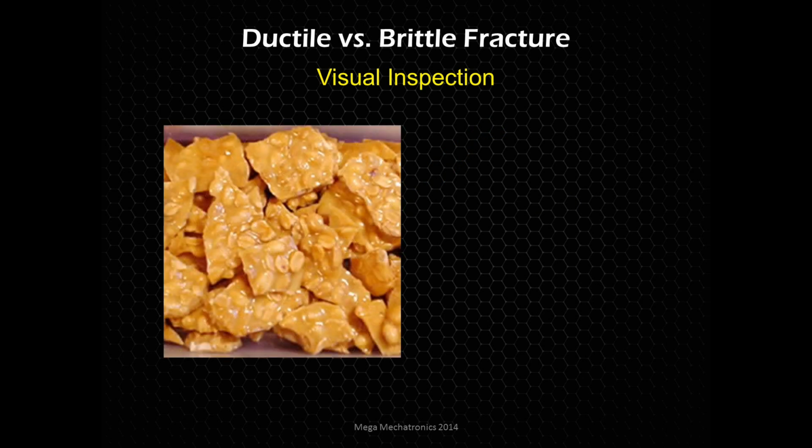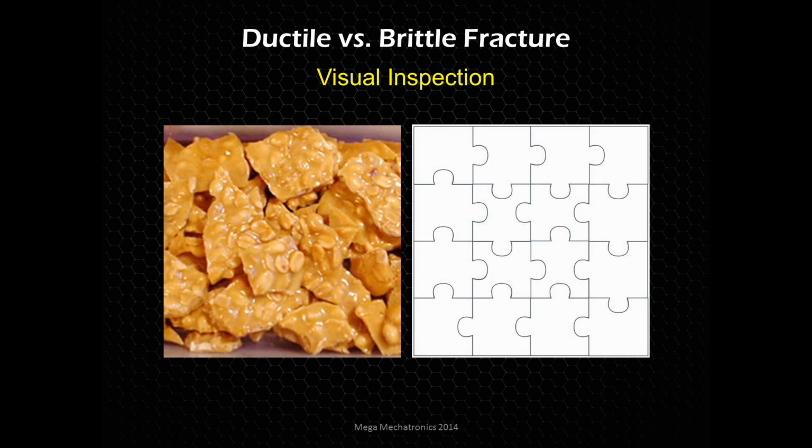So, touching on the brittle fractures a little deeper, let's say you had a bunch of time on your hands, and someone said, "Hey, can you put this pan of peanut brittle back together?" You can do it, because this peanut brittle is extremely hard and very brittle, and you can actually put the peanut brittle back together like a puzzle, because those little nodules on these puzzle pieces are intact and will fit back together.